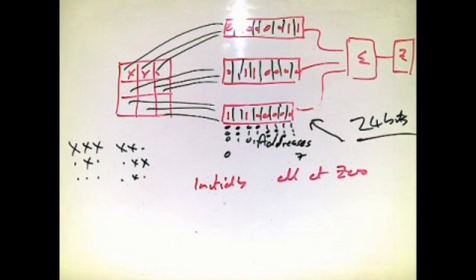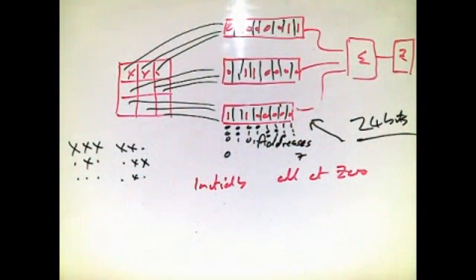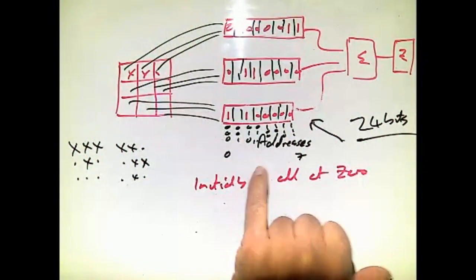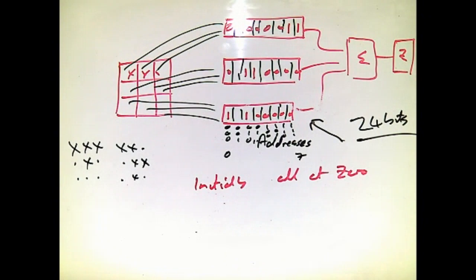It's arguable whether these are the neurons or the whole thing is a neuron. It doesn't really matter. It's a learning structure, which builds up the functions with training, and the training is a single pass. And of course, 24 bits of memory implement a 3x3 pattern recognizer.